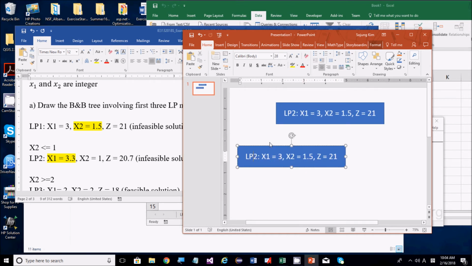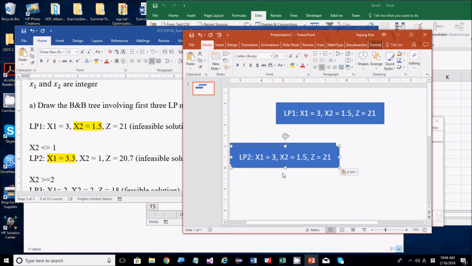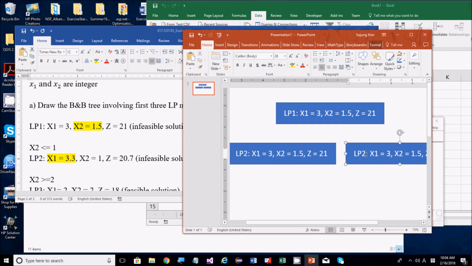And the next one is LP. The first one is LP1, I'm sorry, and this is LP2, and we have LP3.